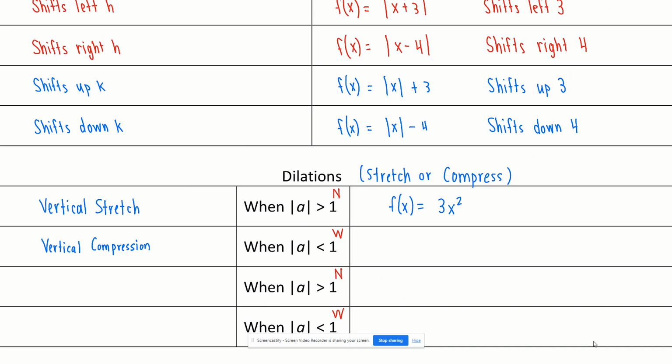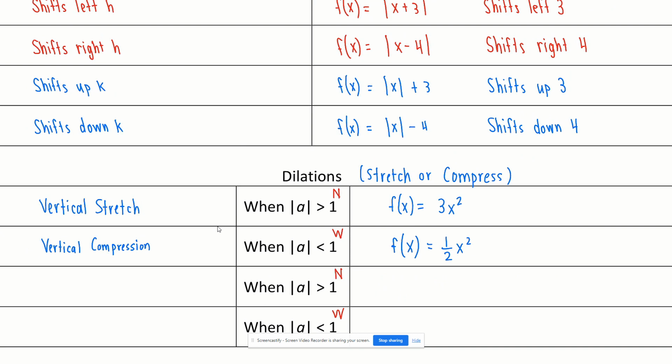You can't because there's no parentheses, so I'm multiplying x squared by 3 on the outside. That would get narrow, and therefore I would represent that as having a vertical stretch. Now, the example of a vertical compression would be if I was multiplying on the outside by some fraction that's less than 1, like 1/2 x squared.